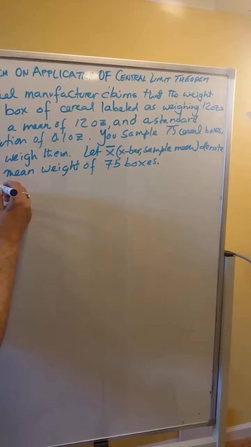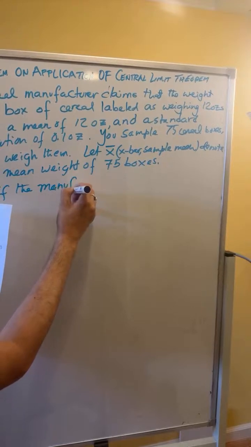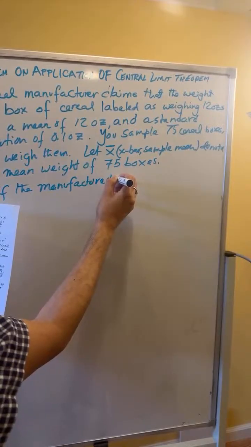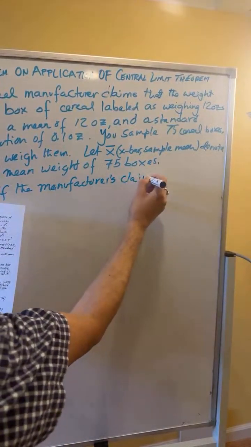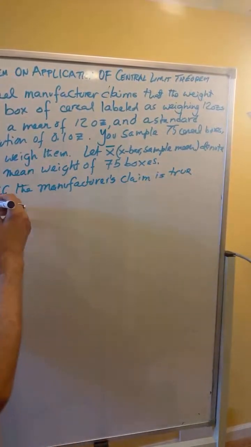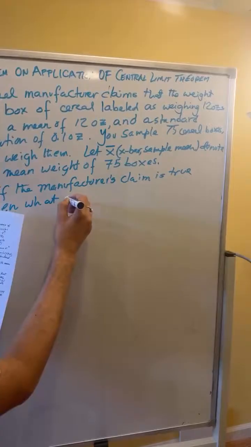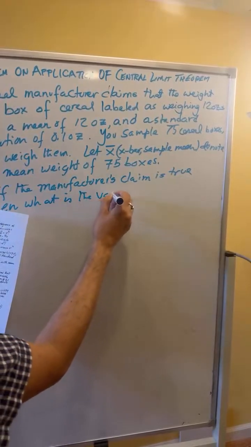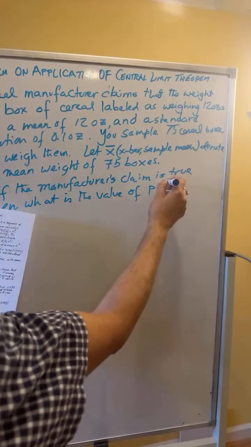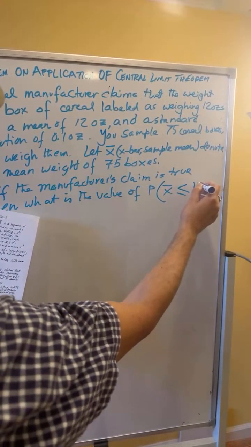Part A. If the manufacturer's claim is true, then what is the value of the probability of x bar less than or equal to 11.99?